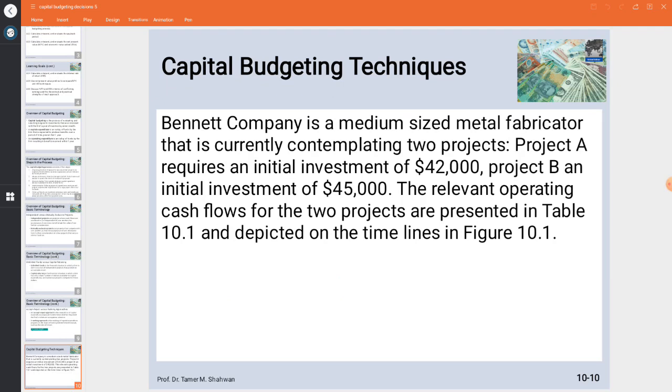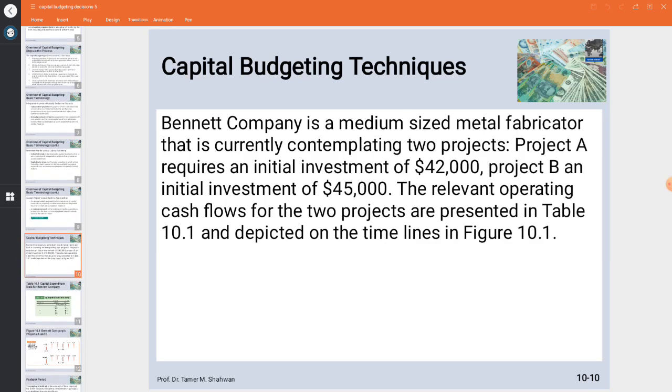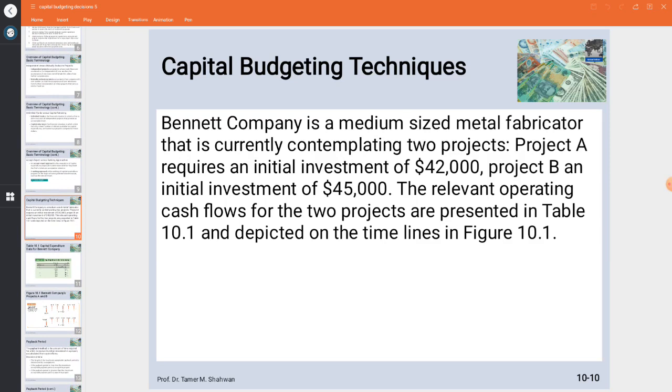For Project B, our initial investment is $45,000, and then you have the relevant operating cash flows for the two projects as shown in the coming table.